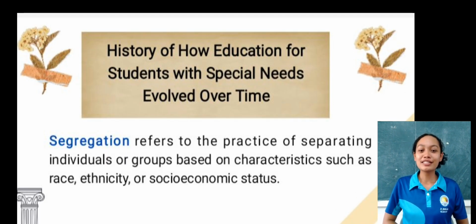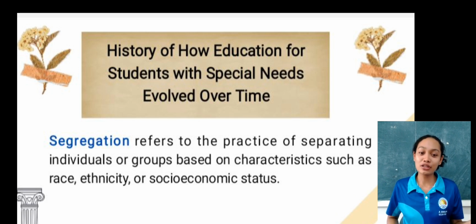Next, we have segregation. This refers to the practice of separating individuals or groups based on characteristics such as race, ethnicity, or socioeconomic status. The first segregated special education began in 1555 when Spanish monk Pedro Ponce de Leon taught deaf children reading, writing, speech, and academics.